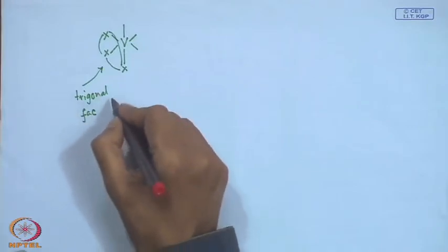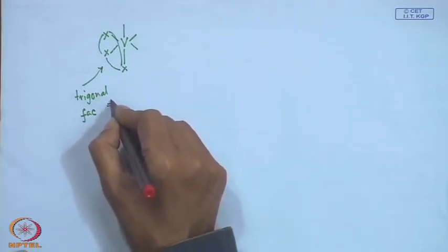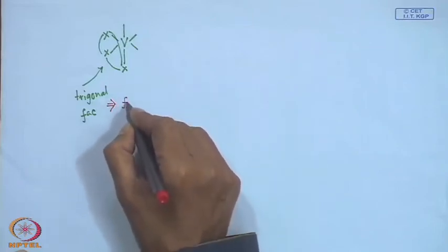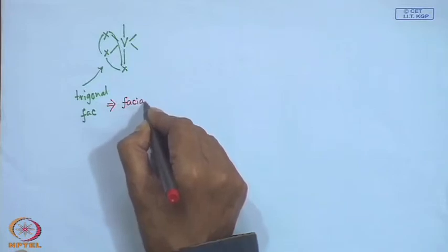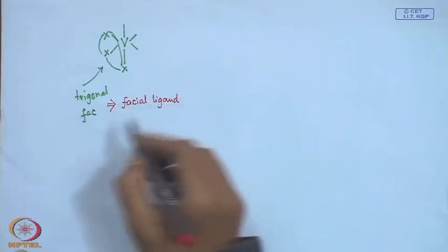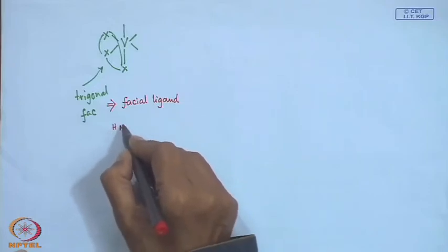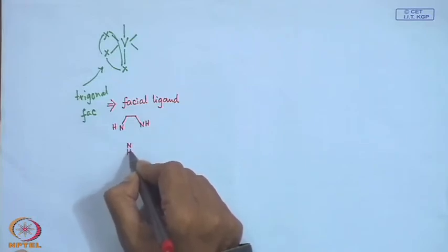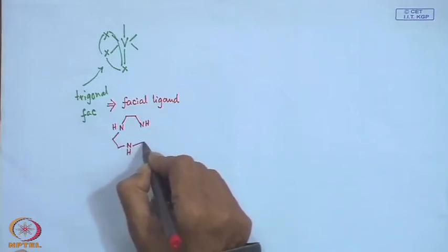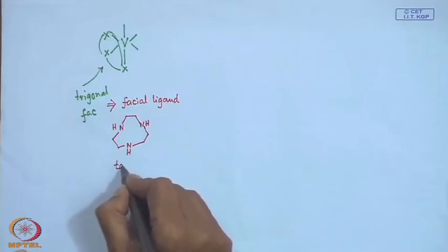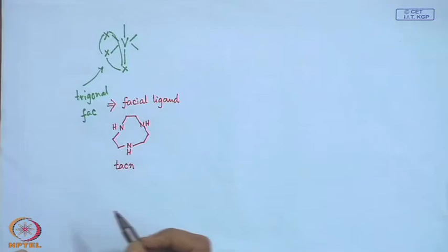Once the trigonal face is occupied, we use one particular type of ligand, which we call a facial ligand. A very useful facial ligand is triazacyclononane, which we call the TACN ligand.